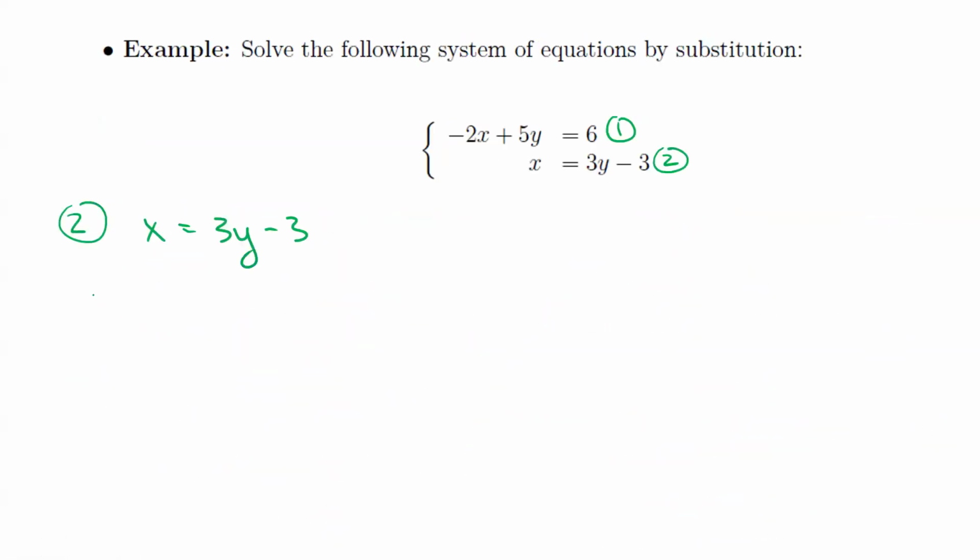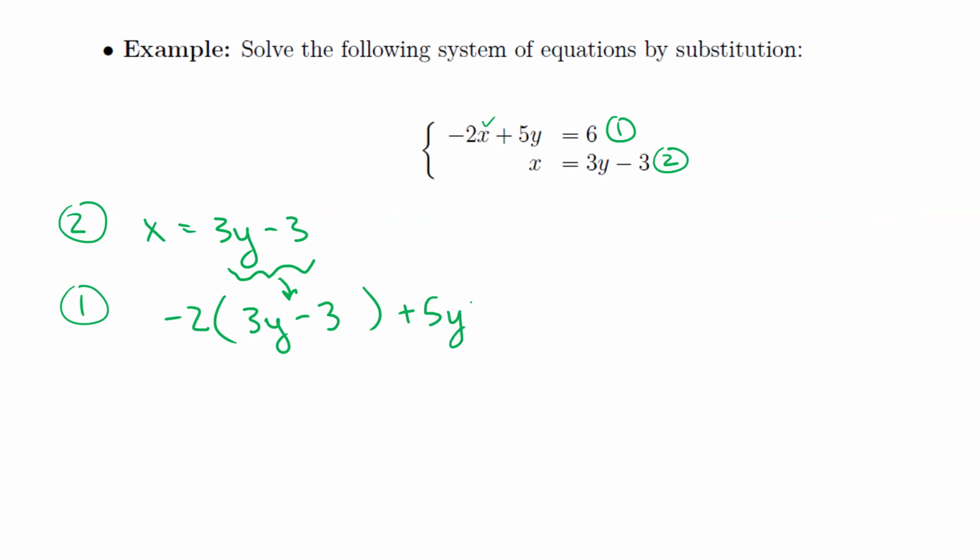So now what we'll do is take equation 2 with x isolated and plug that into equation 1. So equation 1 said negative 2 times, we've got 3y minus 3. That will get plugged in for the x right here.